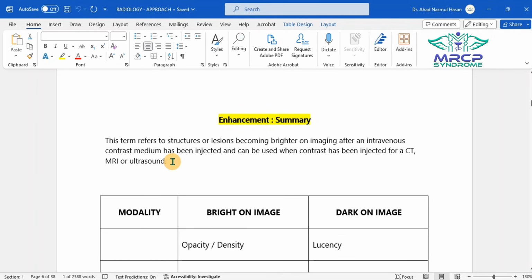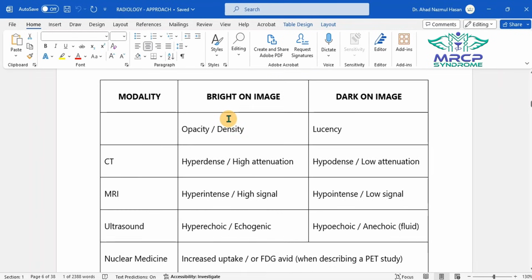Whenever we go with contrast, either contrast MRI, contrast CT or contrast ultrasound, we will be using either IV contrast materials or gadolinium contrast, and this increased brightness is described by the terminology enhancement.